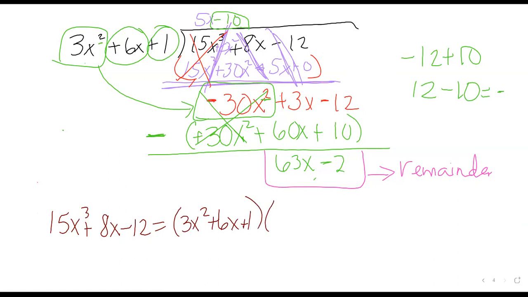What was my quotient? 5x minus 10, plus my remainder of 63x minus 2. See, it wasn't so bad, right? No.